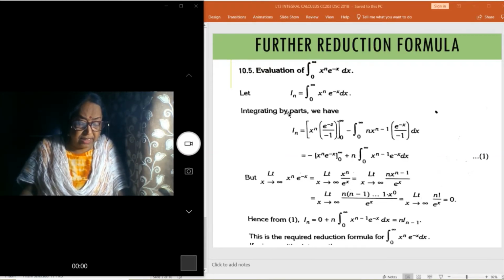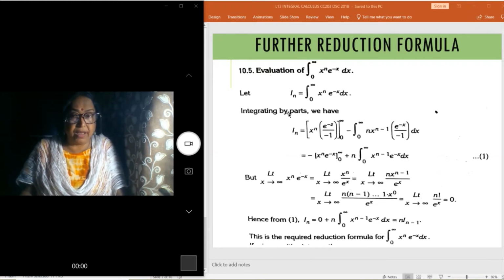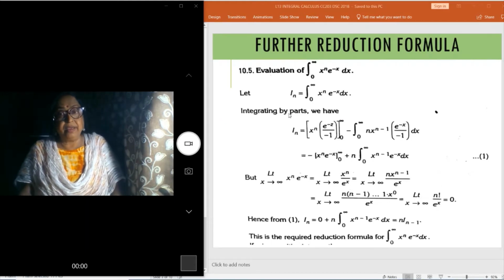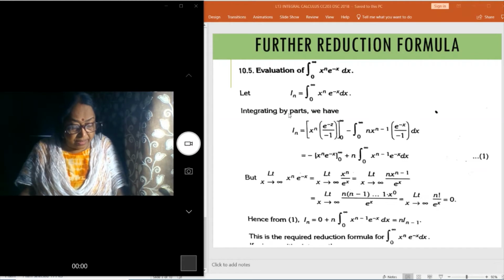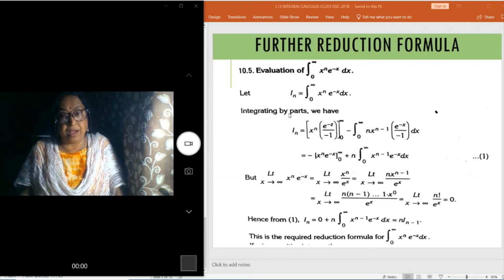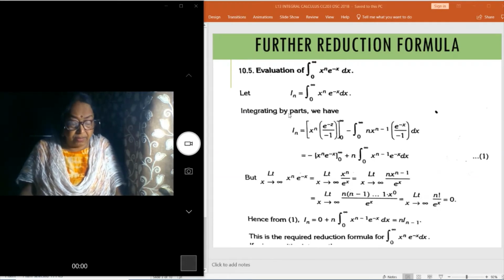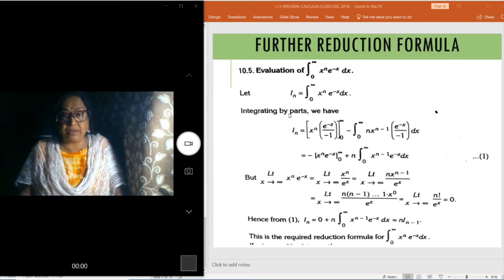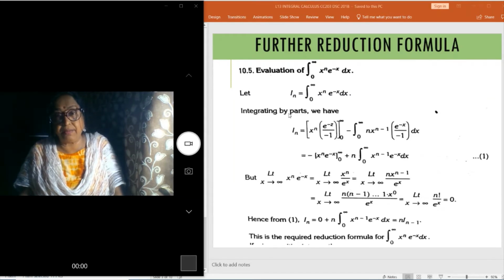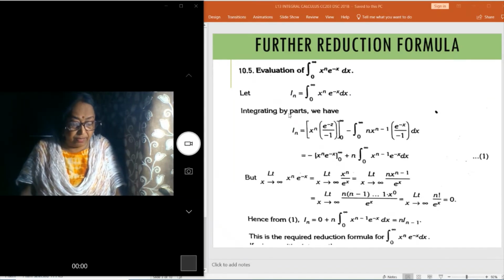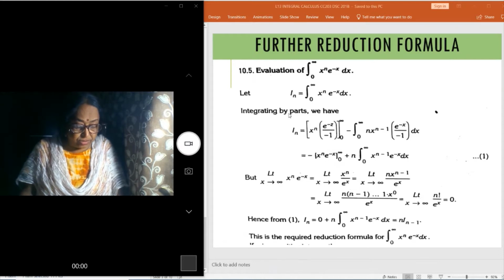Here in this case, we get x to the power n minus 1, e to the power minus x, which can be written as I(n minus 1). So In can be written as n into I(n minus 1). Similarly, I(n minus 1) can be written as n minus 1 into I(n minus 2), and so on.